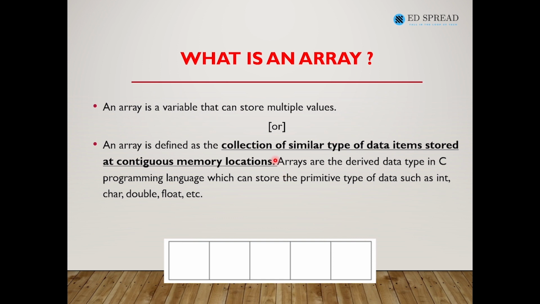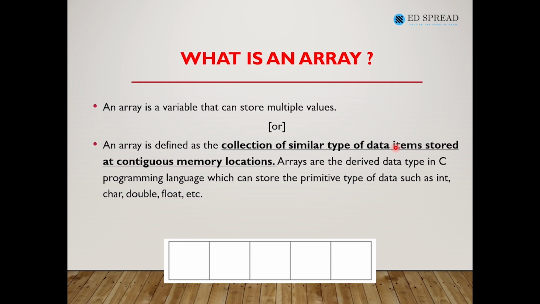Whenever in an examination or whenever someone asks you what is an array, this is the definition you need to give. Right? Collection of similar data items. Similar data type is nothing but the data types. Now you know about the data types, right? Data types are nothing but int, long, float, char, and there are many, so unsigned int, signed int, and the list goes on.